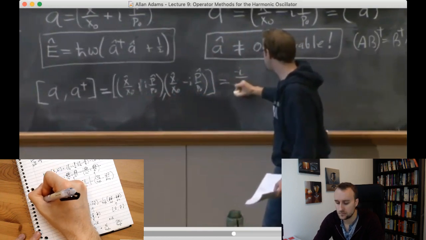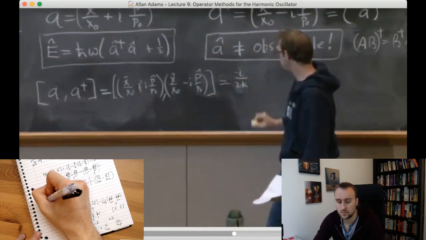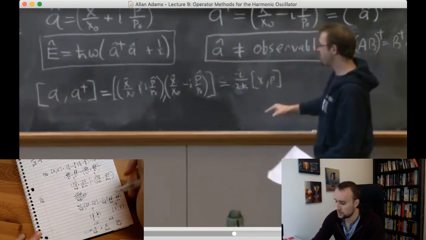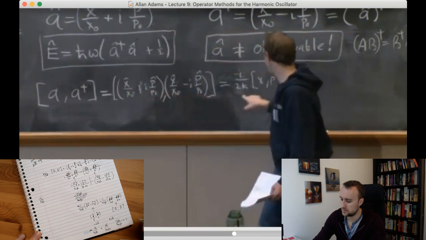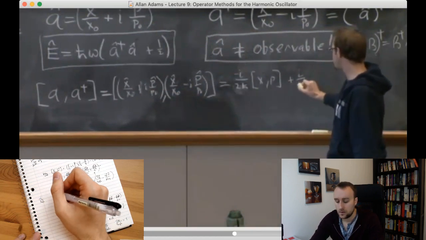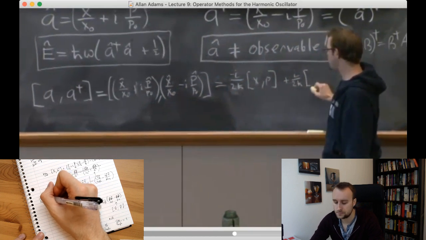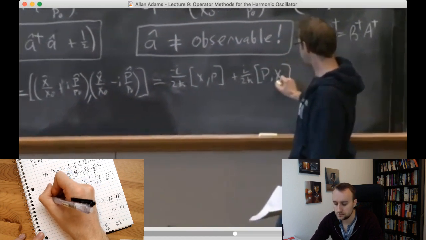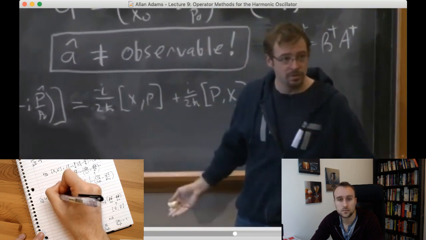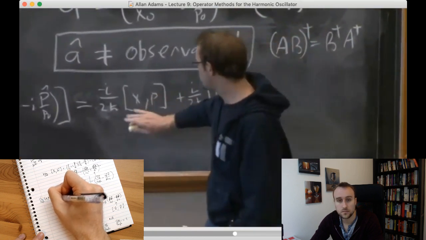But x naught P naught is equal to 2 h bar, as we checked before. And plus i, again, over x naught P naught, which is 2 h bar, P with x. This x with P is equal to i h bar, so the h bar cancels.